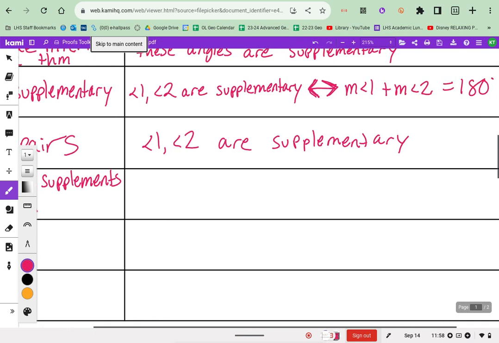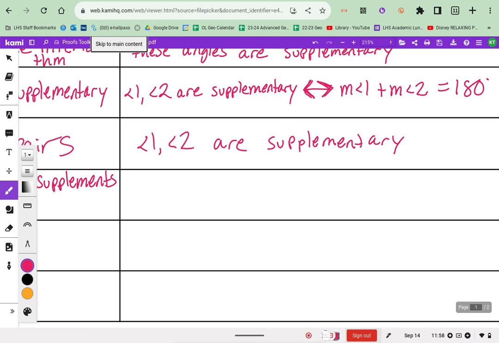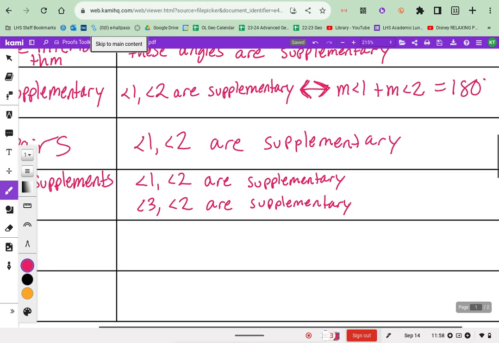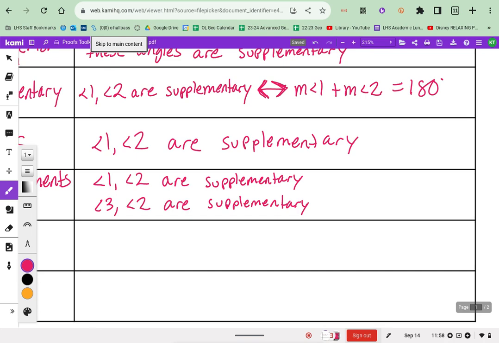So in the meaning box, we're going to say, if angle 1 and angle 2 are supplementary, and if angle 3 and angle 2 are supplementary, then this theorem says that angle 1 is congruent to angle 3.